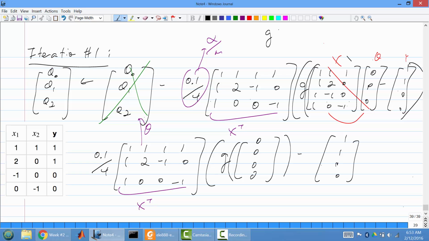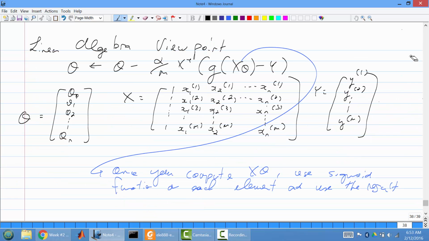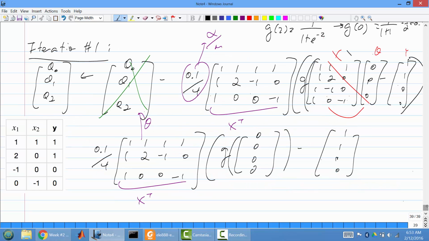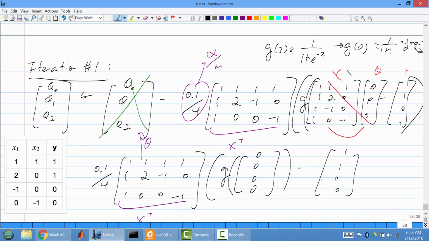Because g of z is 1 over 1 plus e to the minus z. If you have g of 0, you have 1 over 1 plus e to the 0, which is 1. So this is simply 1 over 2, which is 0.5.